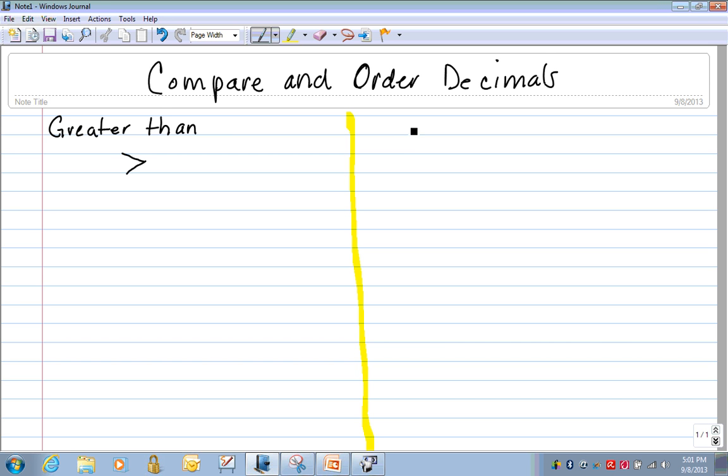If on the right hand side of my 2-column notes I write a number, and I'm going to write 67 hundredths. So to write that number I would write a 0 decimal point 67, and then I'm going to leave a blank here, and then I'm going to want to compare it to the number 59 hundredths. So if I write that number, it's 0.59.